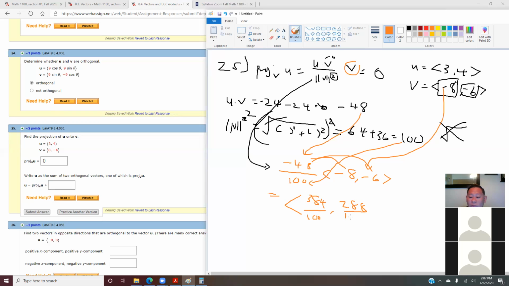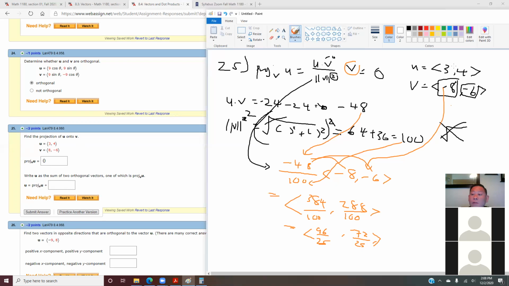And then you reduce the fraction. This one becomes 72 over 25, and this one is going to be 96 over 25. This is your answer for the projection.